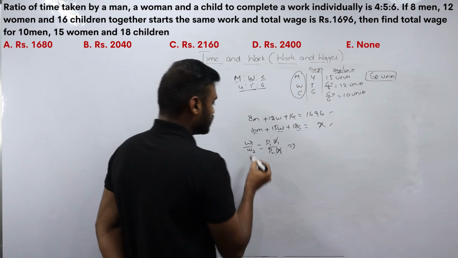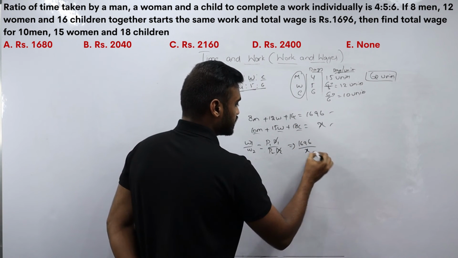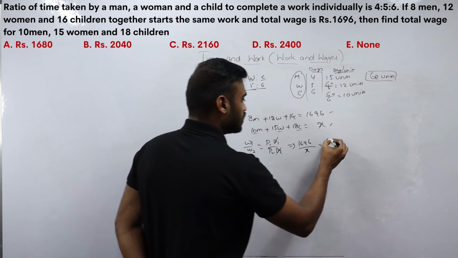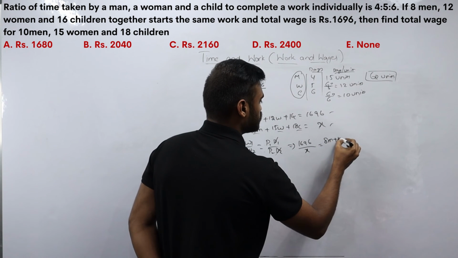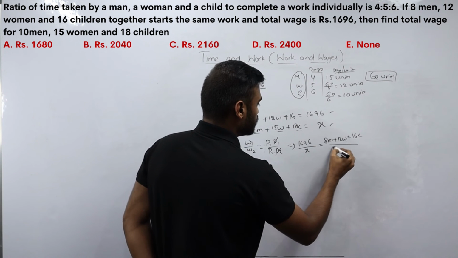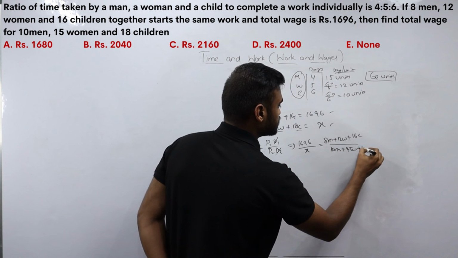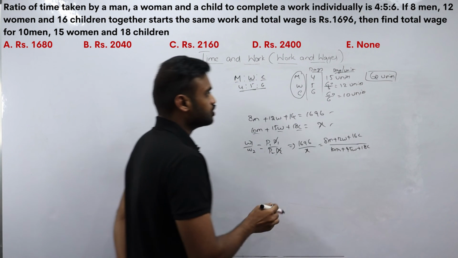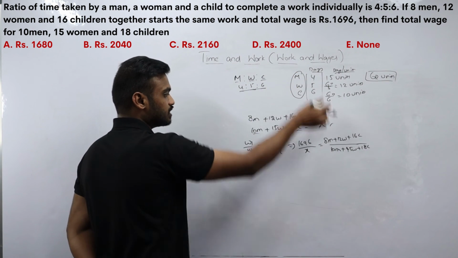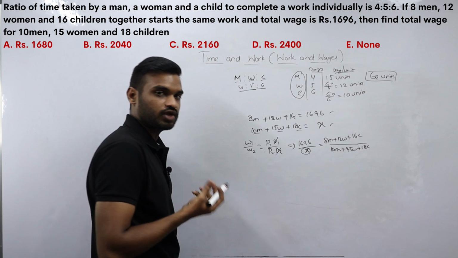So we will get work 1, that is 1696 rupees by X rupees, equal to 8 men plus 12 women plus 16 children by 10 men plus 15 women plus 18 children. I am substituting the efficiency of men, women and children here so that I can know the value of X, the total wage.